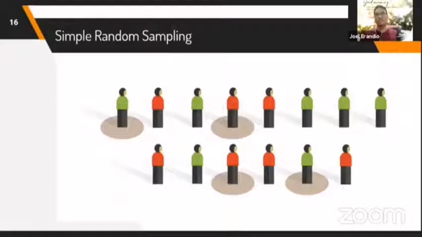You just select a sample, maybe you put the names of the population inside a box and you pick randomly. Sometimes we apply SRS with replacement, sometimes without replacement. So ito yung ginagawa natin sa raffle, sometimes with replacement, sometimes without replacement. That is the SRS. Okay?